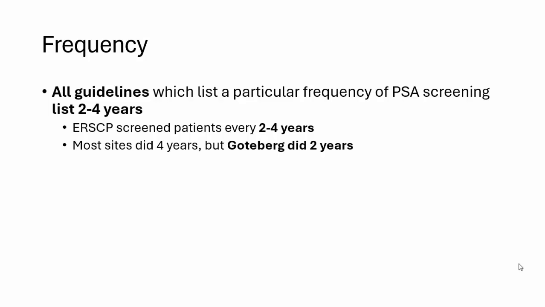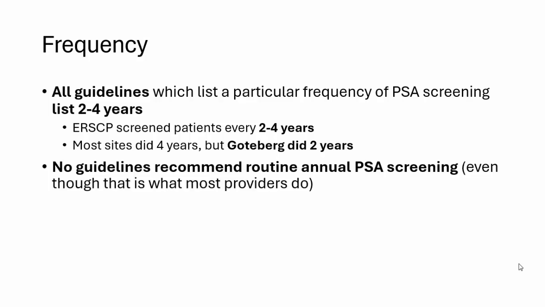While most of the sites did 4 years, the Swedish arm that had the more significant results did it every 2 years. There are no guidelines that recommend routine annual PSA screening, even though most providers, that's what they do, unfortunately.